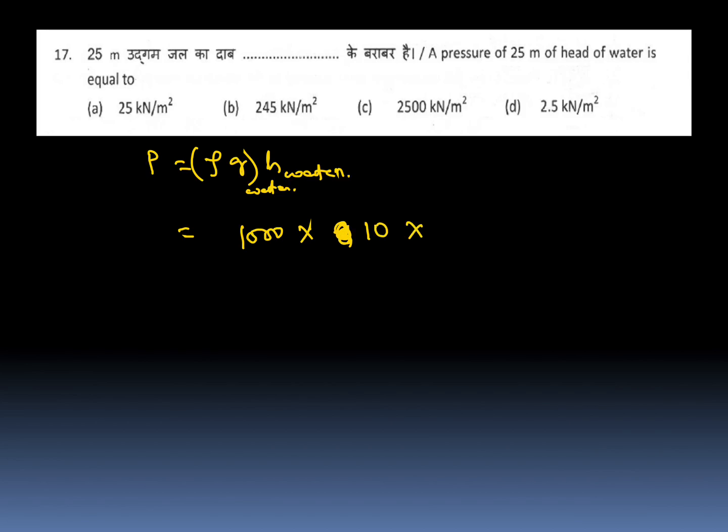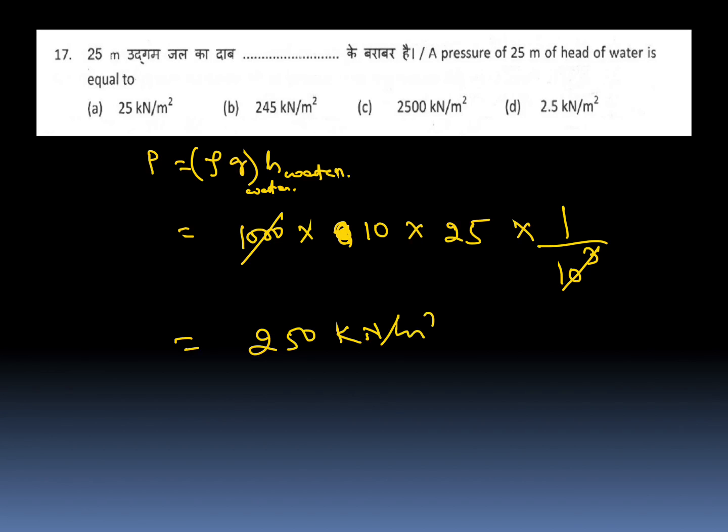Then height of water it's 25, then it's in kilonewton, so divided by 10 to the power 3, 10 to the power 3 cancel. It's 250 kilonewton per meter square. This is approximate because we took G as 10. So its answer is 245 kilonewton per meter square.